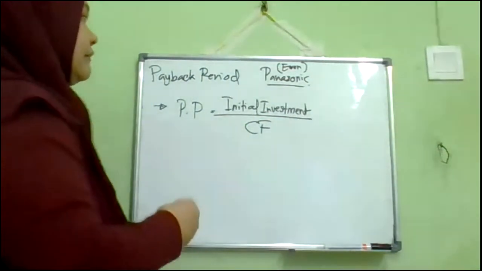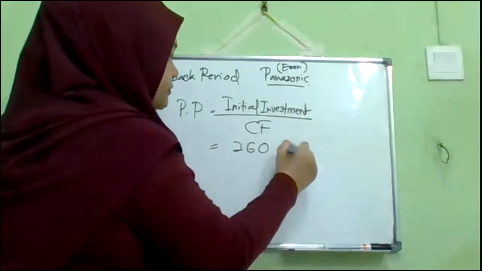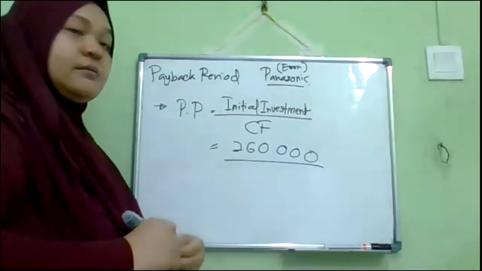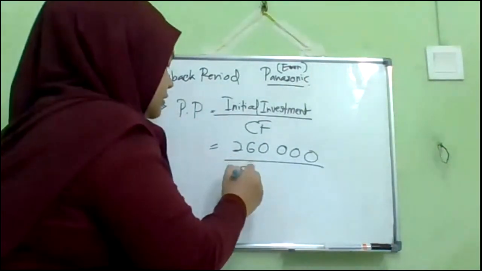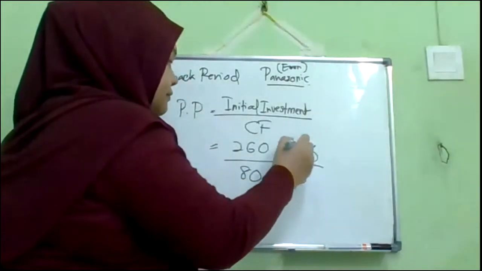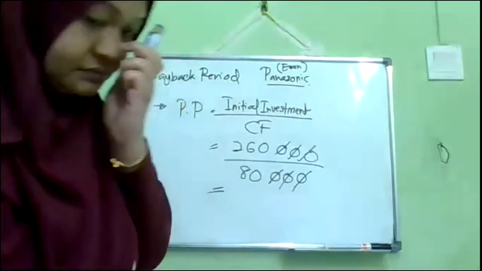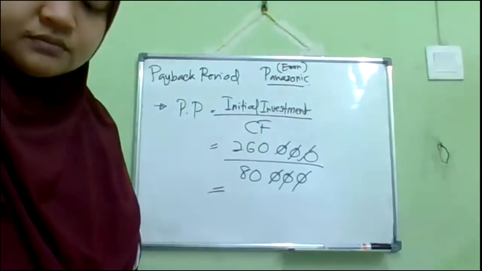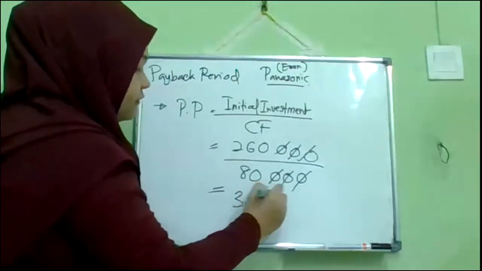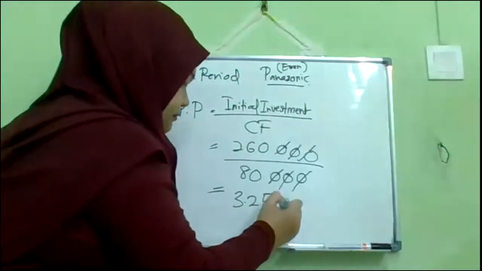So initial investment for Panasonic is 260,000 divided by cash flow. Every year Panasonic will receive 80,000. So you just divide by 80,000. So the answer is 3.25, and 3.25 is in years.